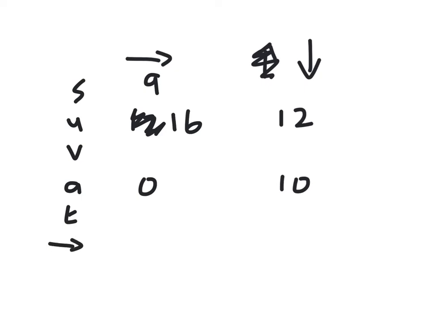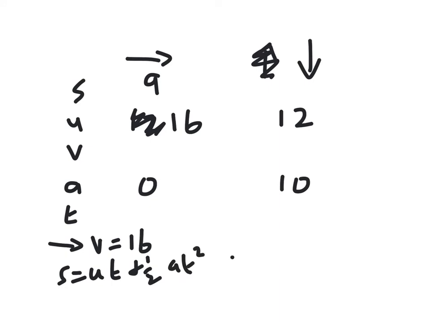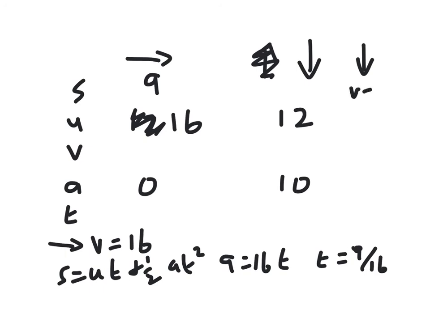Well, horizontally the speed is 16, there's no acceleration. Let's work out the time it takes to get to this point by using s equals ut plus half at squared. So 9 is 16t, so t is 9 over 16. So then let's do it this way. Let's use v equals u plus at.